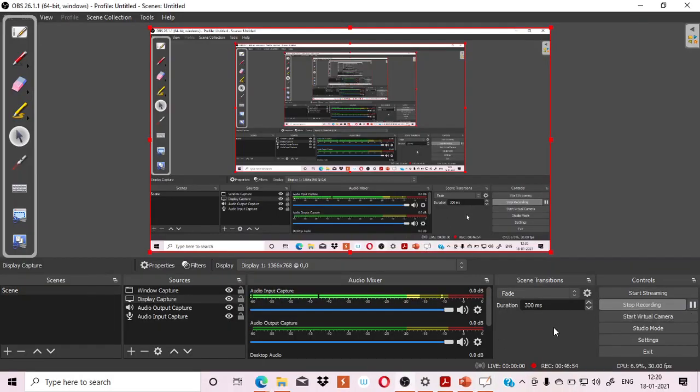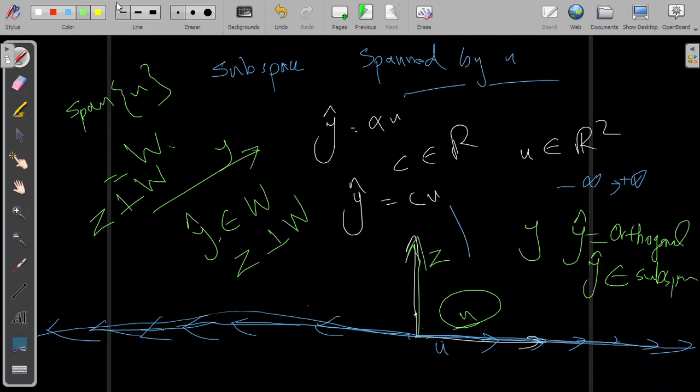The subspace spanned by u will be a line, a set of all points in this line passing through the subspace w. And again, the y vector can be resolved into two, where the first component will be in the subspace w, and the second component will be z, which is perpendicular to subspace w.